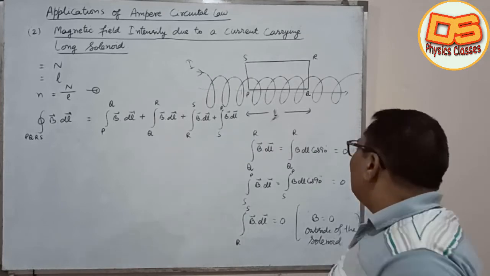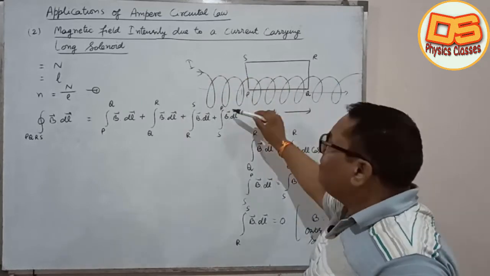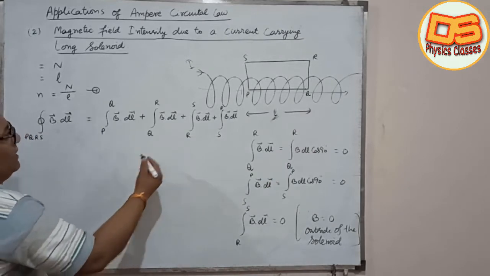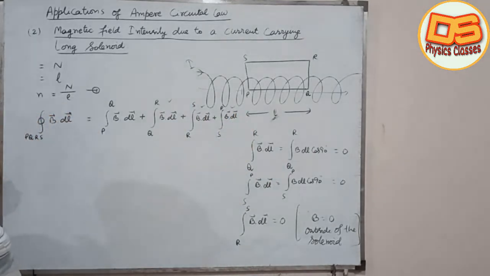Outside the solenoid the field is 0, because the field lies inside the solenoid only. Therefore, this term is 0, this term is 0, and this term is 0.